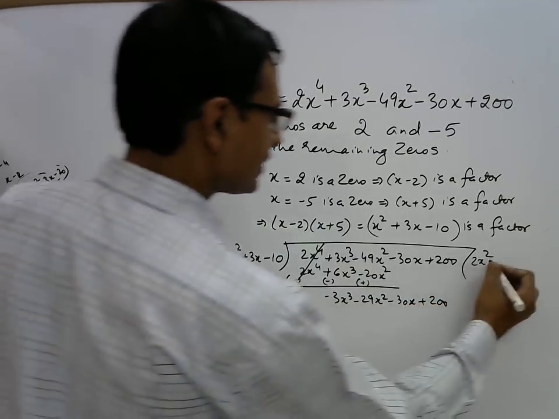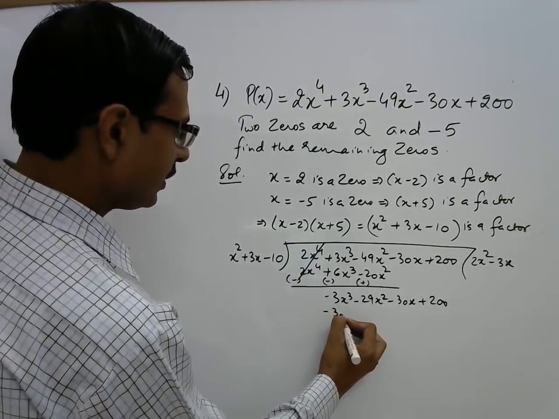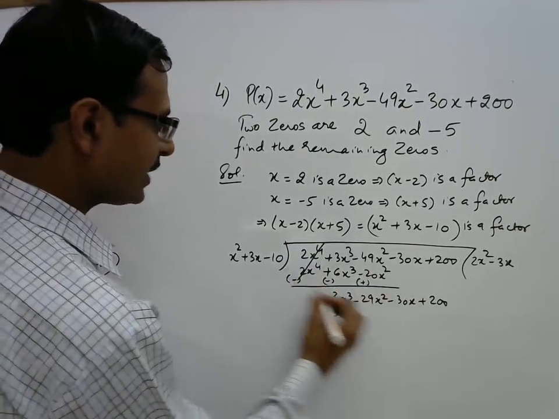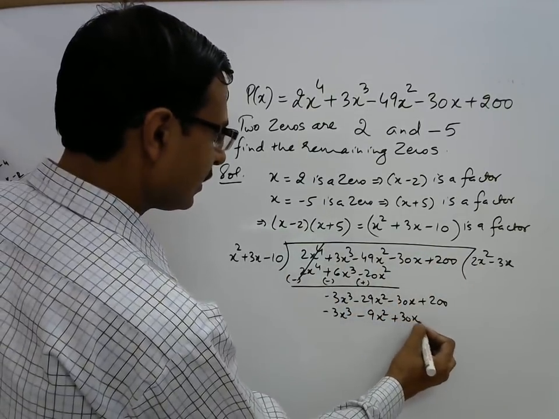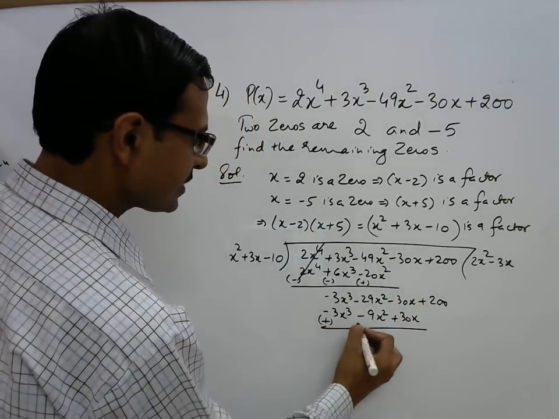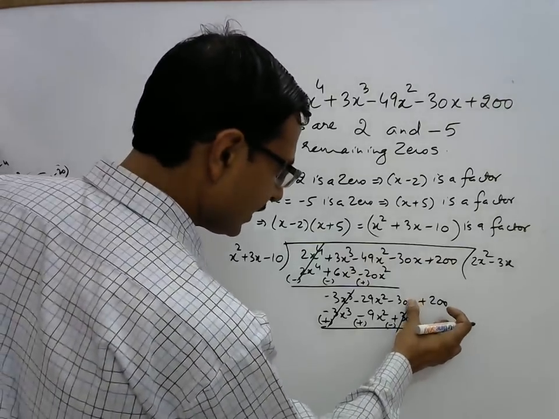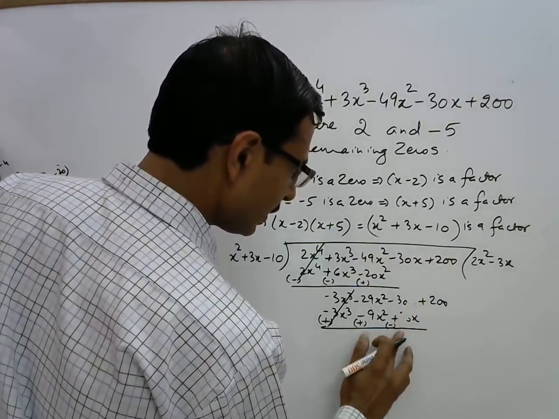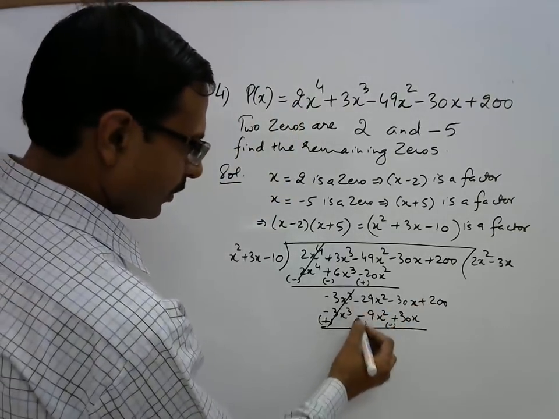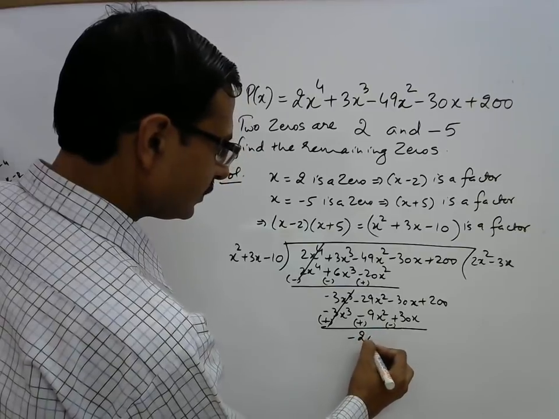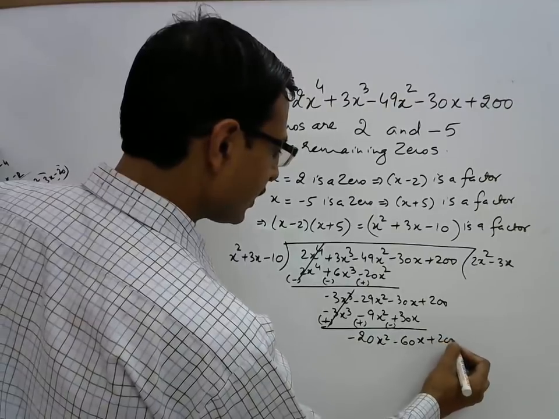So minus 3x cube minus 9x square plus 30x. Again sign change, plus and minus. So this gets cancelled. This is negative, I think. So minus 20x square minus 60x plus 200.